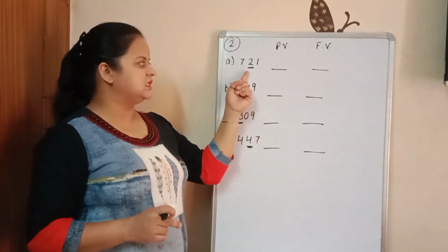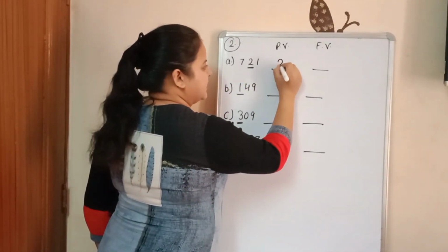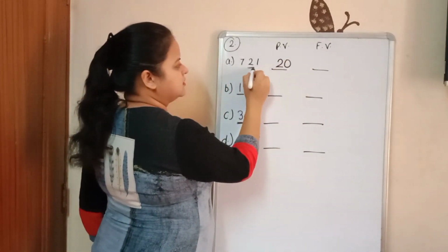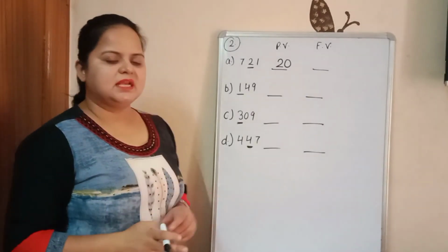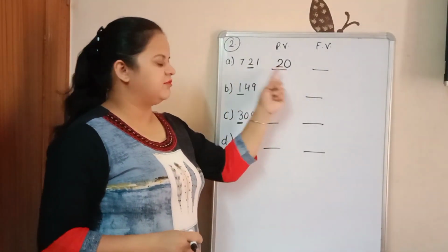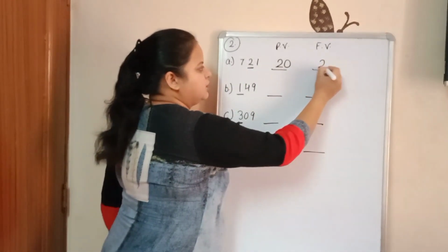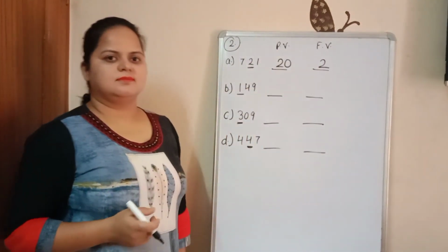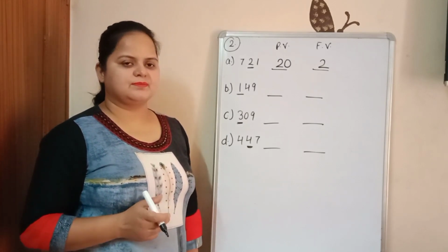Very good. So this is 2 tens, so we will write 20 here. This is 2 tens, means 20. Place value of 2 is 20, and face value of 2 is 2. Do the same work in your books.